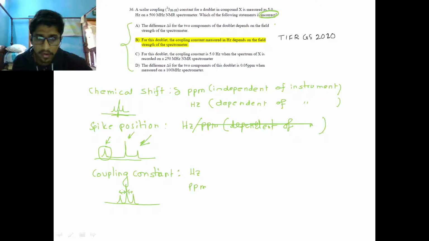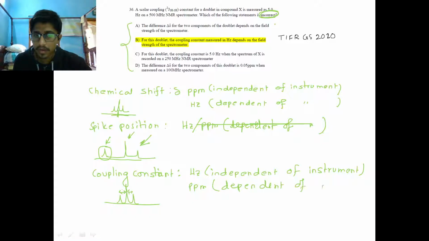But here, the chemical shift in ppm unit is independent of instrument, but the Hertz unit is dependent on instrument. For the coupling constant, the reverse thing occurs. The Hertz unit is independent of instrument, but the ppm unit is dependent on instrument.